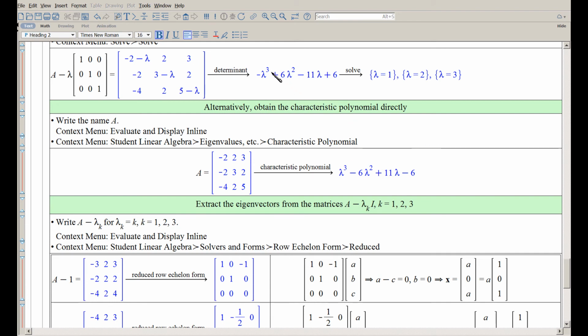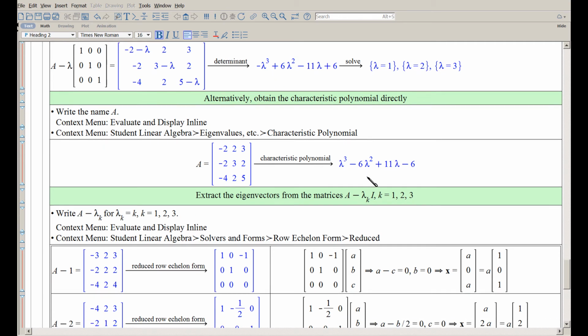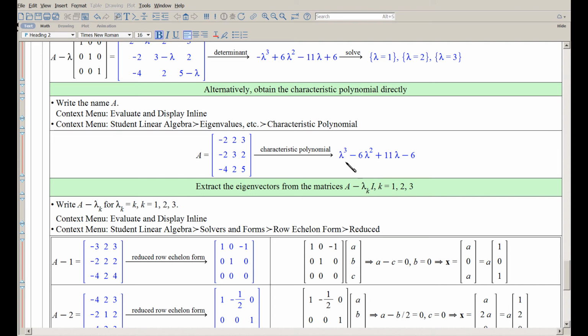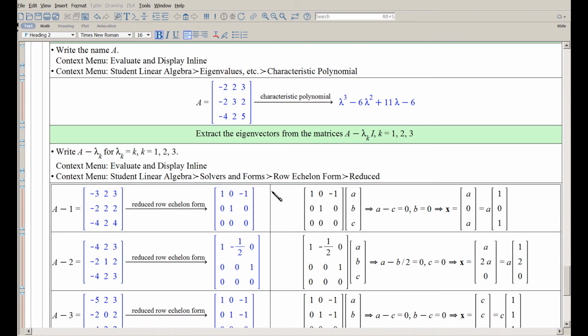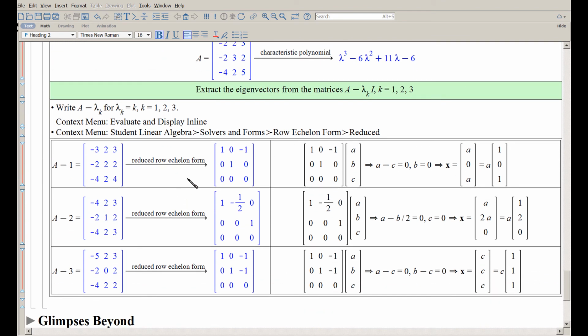Here, the determinant is calculated, has the negative in front of the lambda cubed, and here Maple resolves that by making the coefficient positive. But these are equal to 0, so it doesn't matter. You're going to set them equal to 0. Okay, so then you have obtained the eigenvalues.